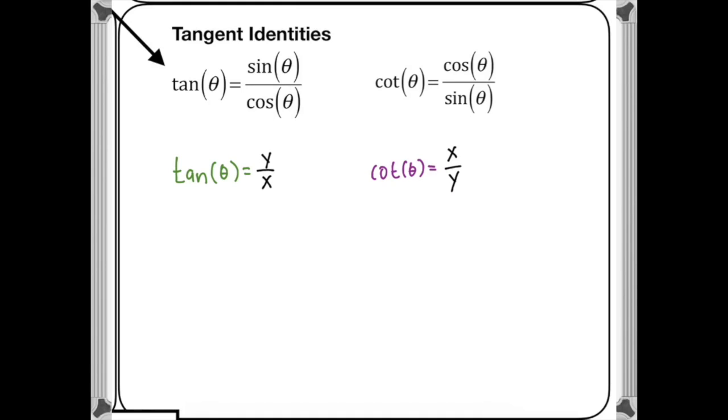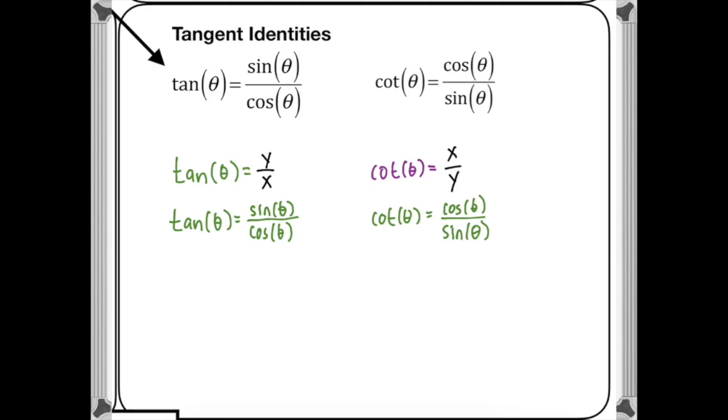Again, sine is y and cosine is x. So when we substitute them in, we get tangent of theta equals sine theta over cosine theta, and cotangent equals cosine theta over sine theta.